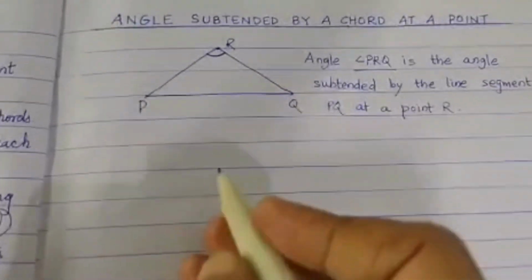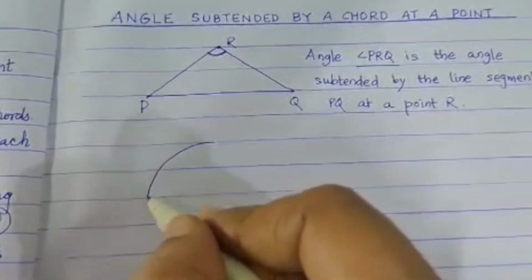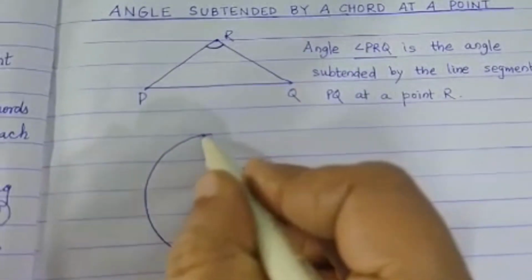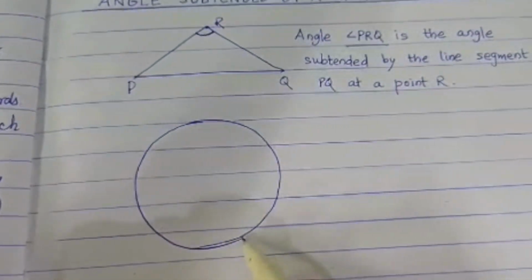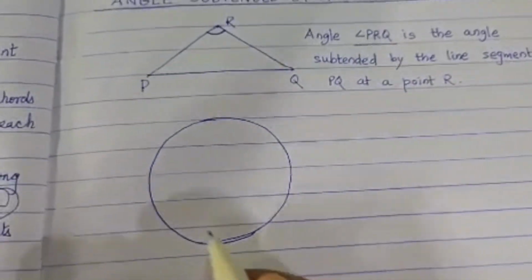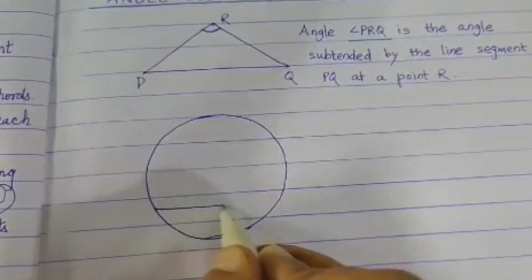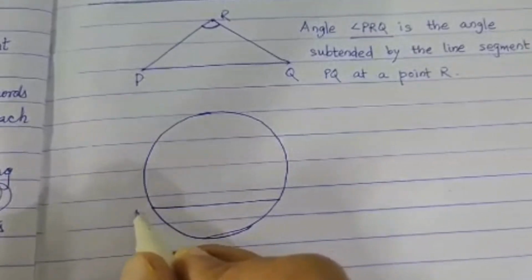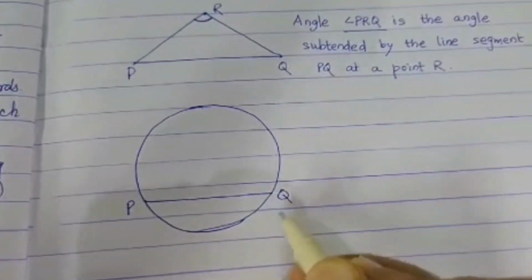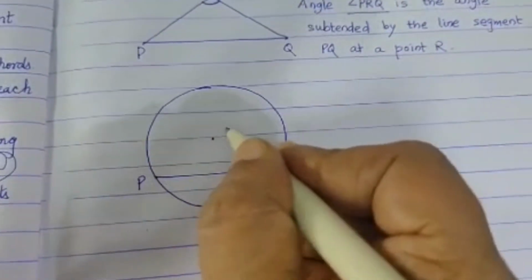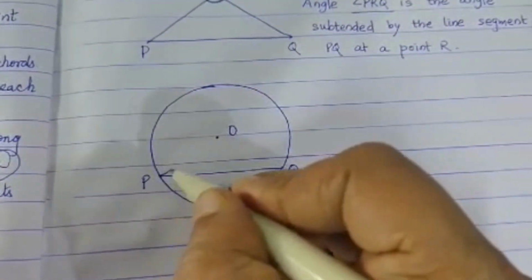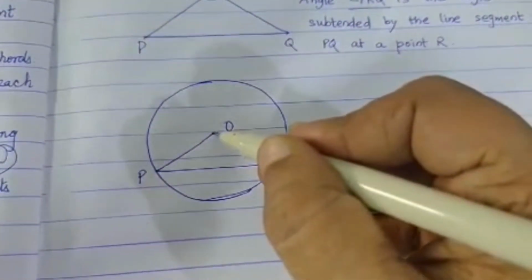Similarly, let us take a circle like this, and let us take a chord here. The chord is PQ. This is the chord of the circle. This is the center of the circle O. Let us join PO and QO.